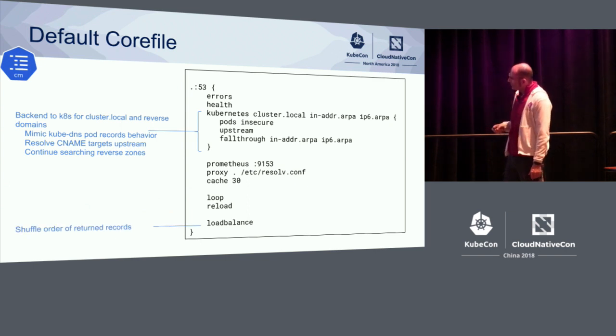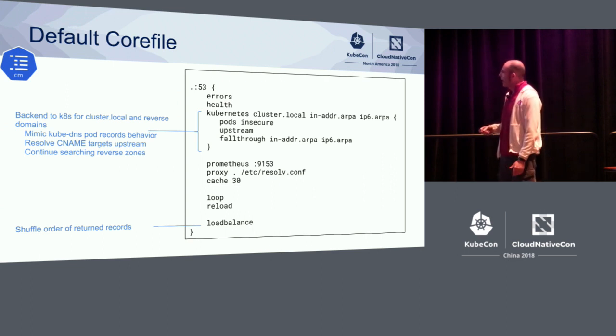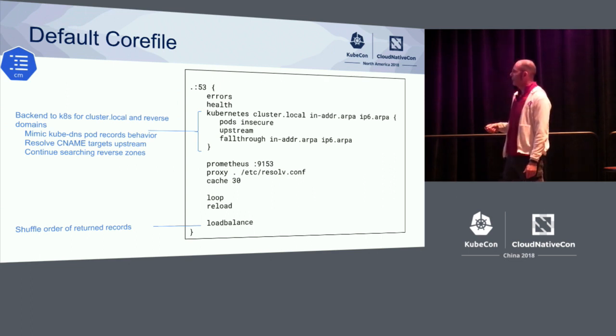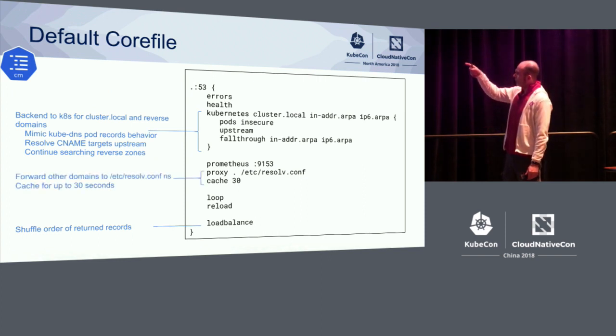Load balance at the bottom just says, if I have several replies for your request, I will try to simulate load balancing by shuffling the order of the returned records. That only matters for the headless service, where all endpoints will be replied. So if it's cluster.local, then you will resolve your query with Kubernetes.